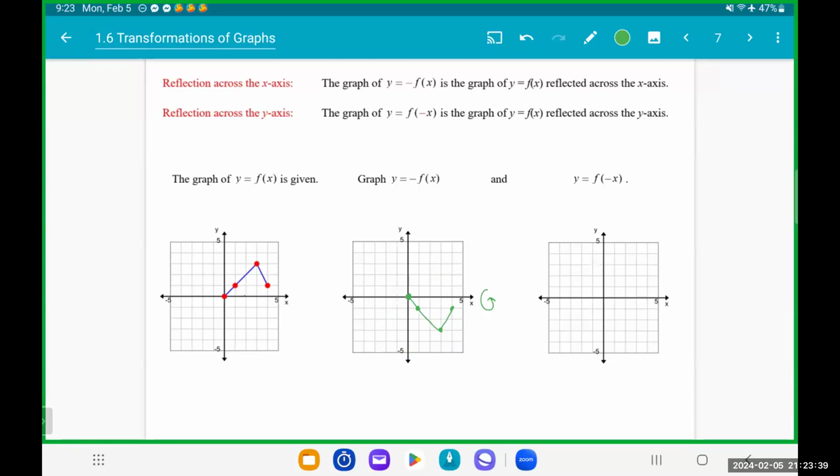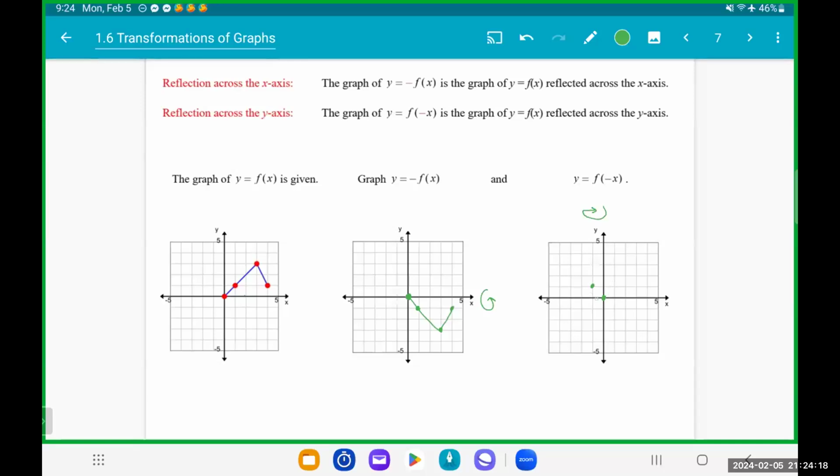Okay. Then, what if I'm reflecting on my y-axis? Okay, so I'm going to reflect around the y-axis. So now I'm changing my x value. Here I'm still 0, 0. This was 1, 1. So now I am at -1, 1. This one was 3, 3.